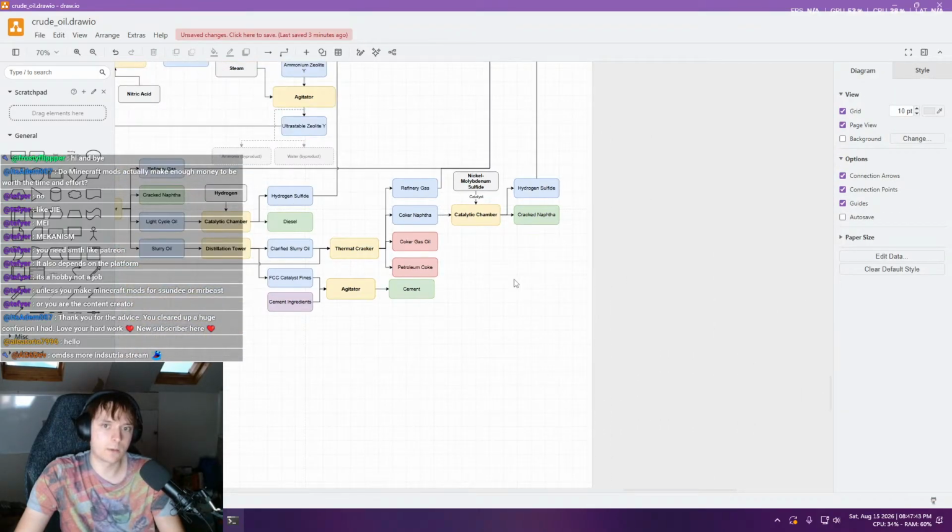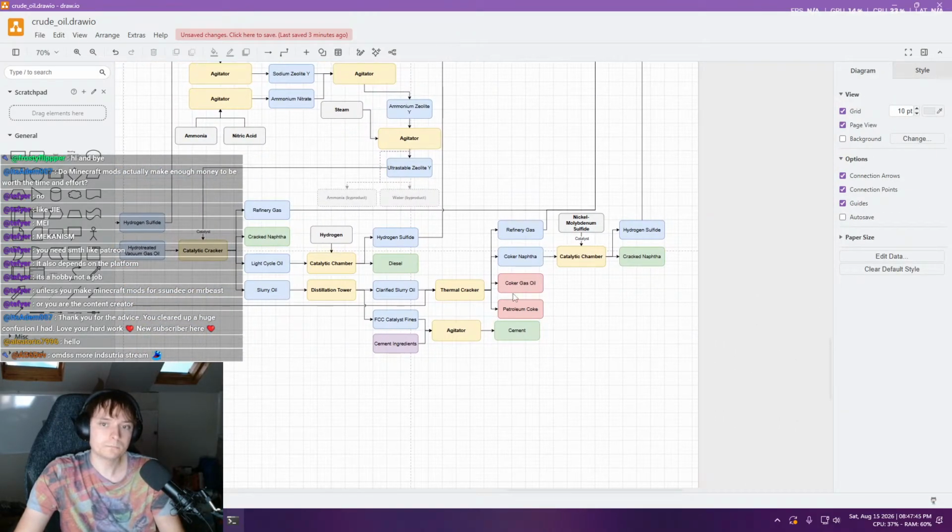I don't care. That's close enough for me. So yeah, these don't have any outputs. These are basically just byproducts. Maybe later down the line we can add further stuff, but I think those are fine for now.